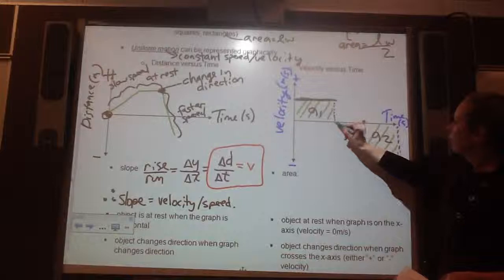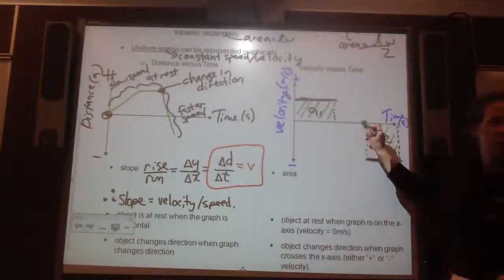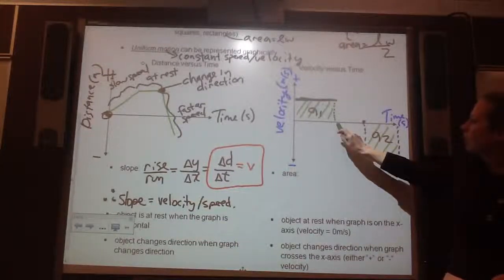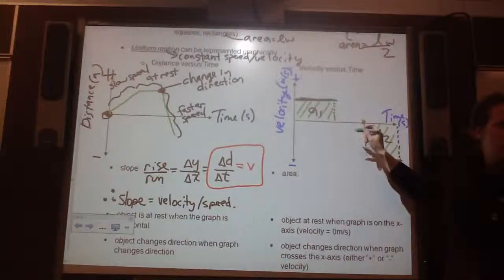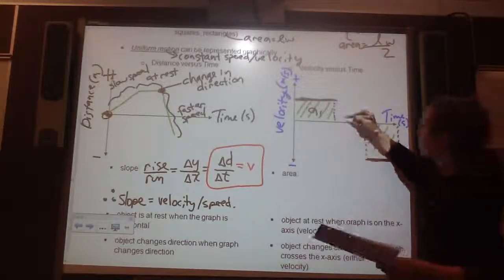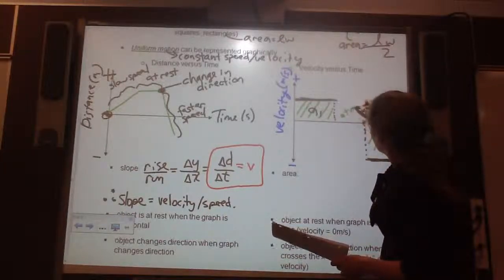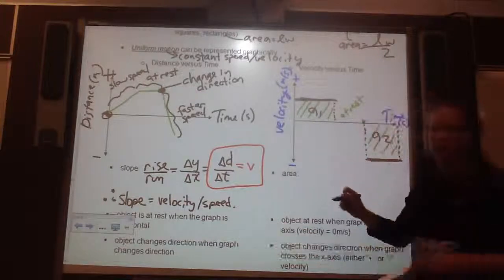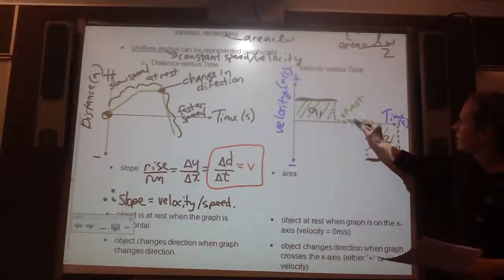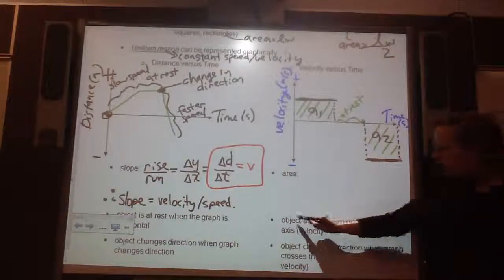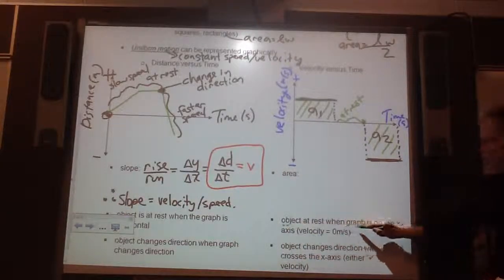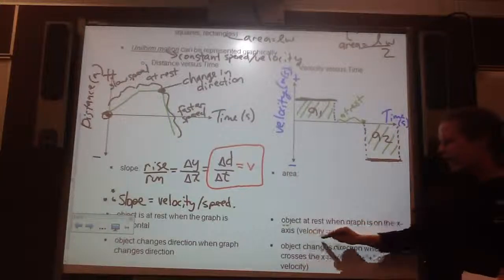What's happening right here? If I'm at 0 for velocity, what am I doing? I'm standing, I'm at rest. Not moving, okay, during this time. So that's this point right here. Object at rest when graph is on the x-axis.